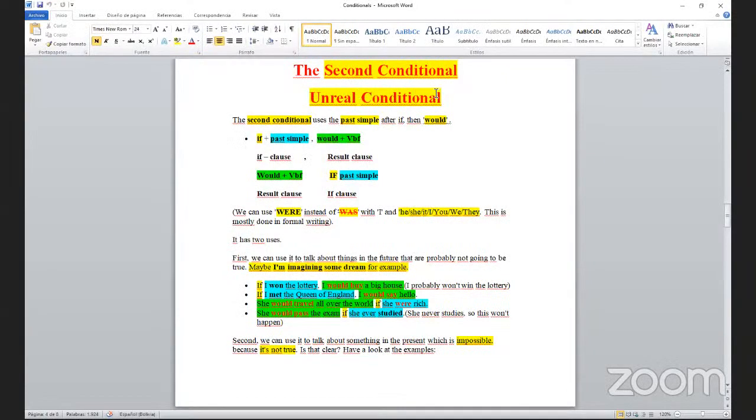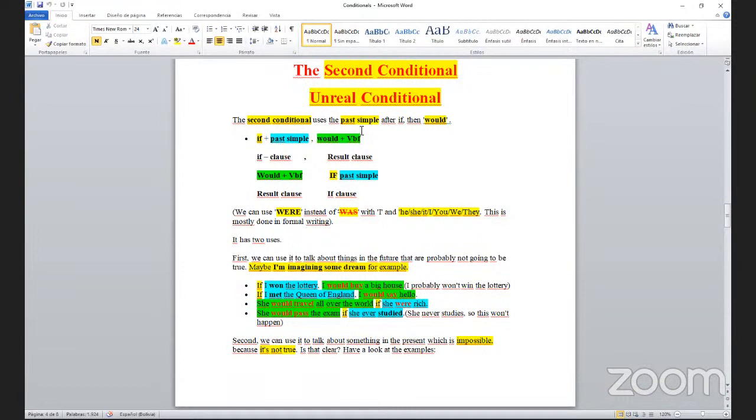Okay, I will share it with you. This grammar, present and real conditional, could have another name. The other name is the second conditional, okay?